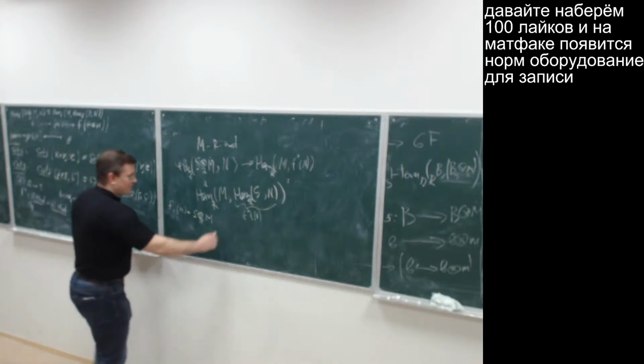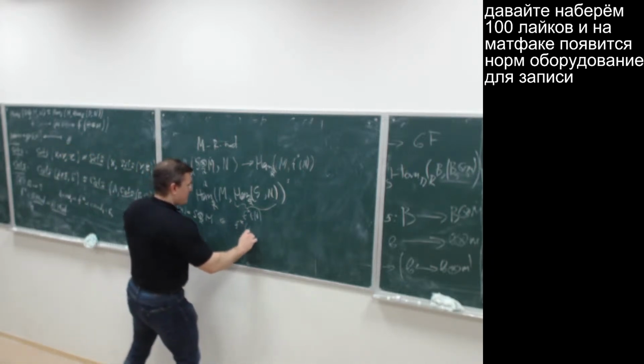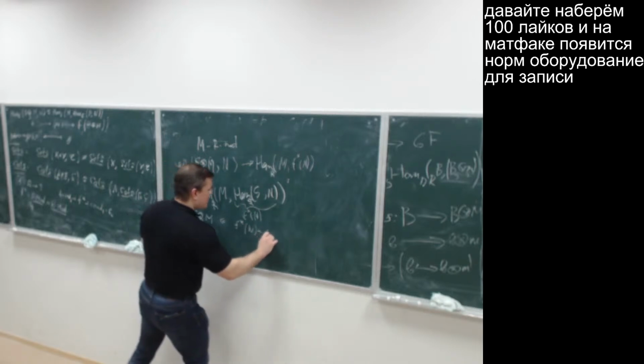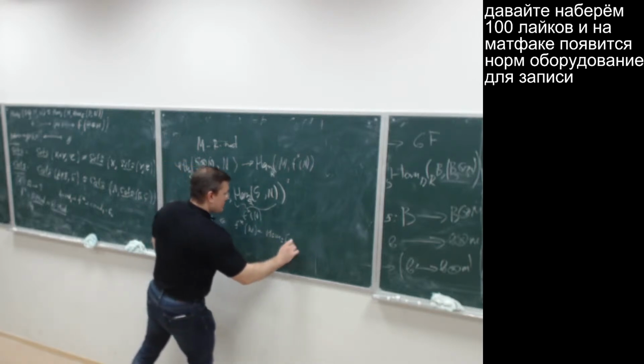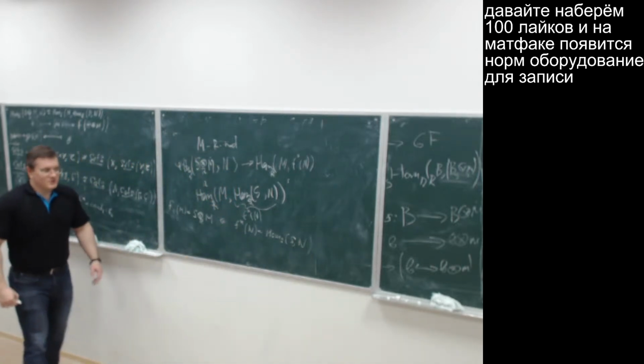And this follows by the derivation that the upper star of N is the same thing as the Hom over S, S, and N. So that looks like the observation.